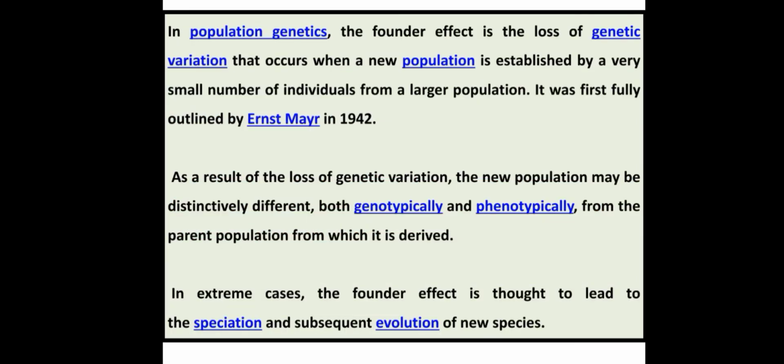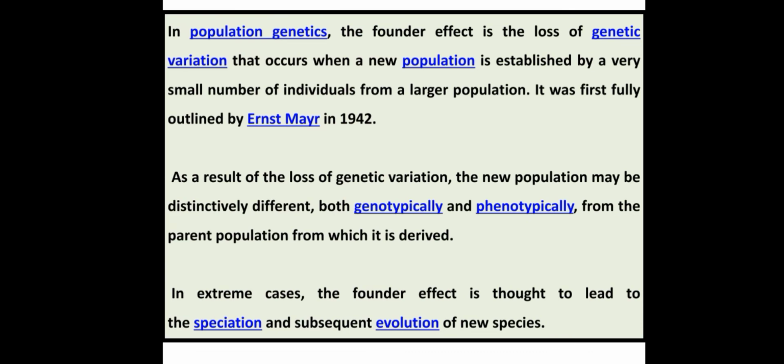In population genetics, the founder effect is the loss of genetic variation that occurs when a new population is established by a very small number of individuals from a larger population. It was first fully outlined by Ernst Mayr in 1942.